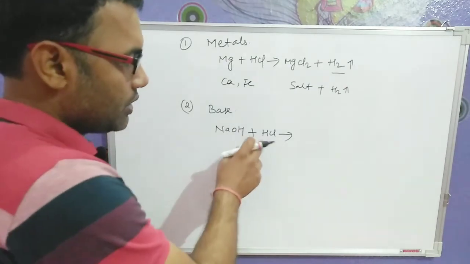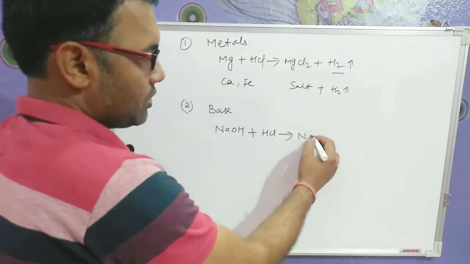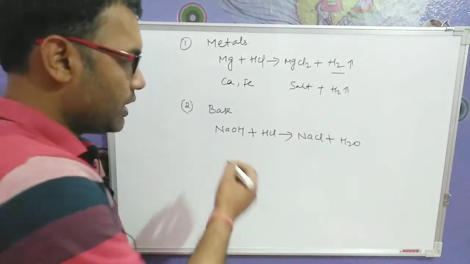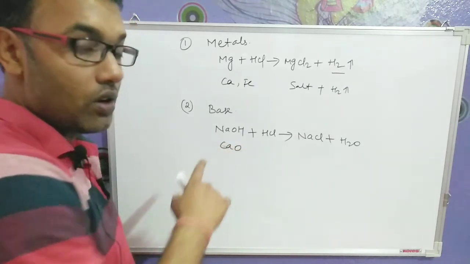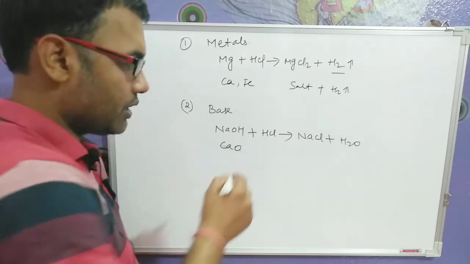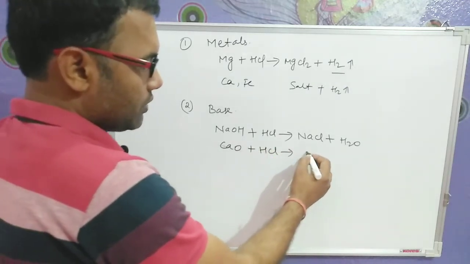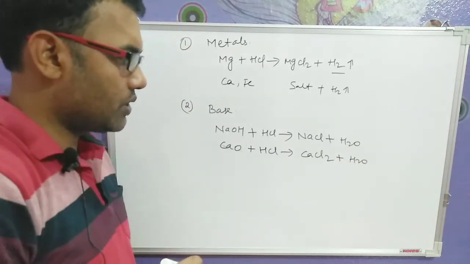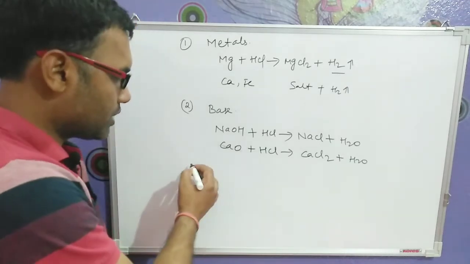In that reaction, an acid and a base react to form salt and water. So what is the salt? NaCl and water. Or for example, we take calcium oxide. Now all metallic oxides are basic in nature. We all know this. So calcium oxide plus HCl. What does it form? Calcium chloride plus water. Students, very easy reactions are there. So one by one we'll be seeing.